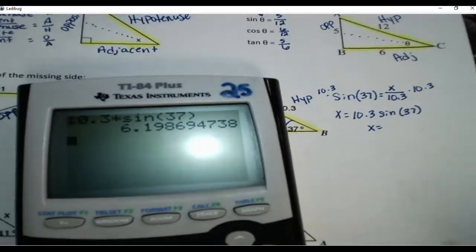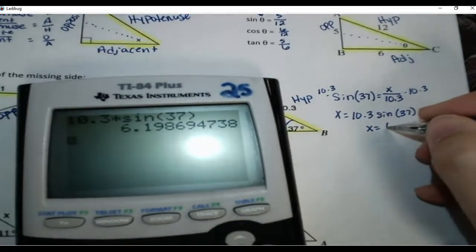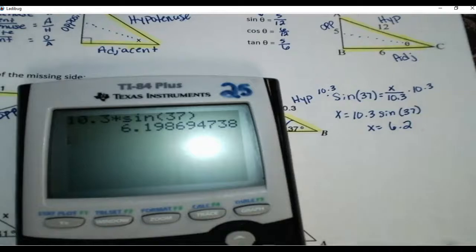Good. So we'll say 6.2. Questions on that? You may not get that when you type it in. Anything?